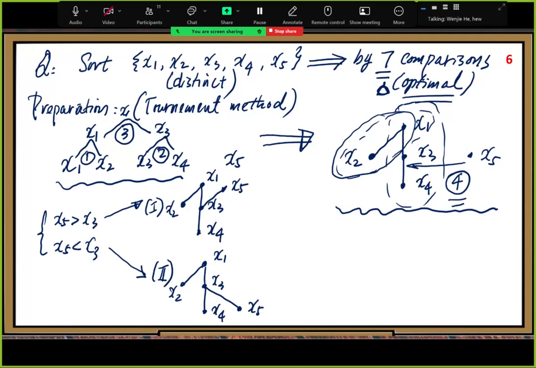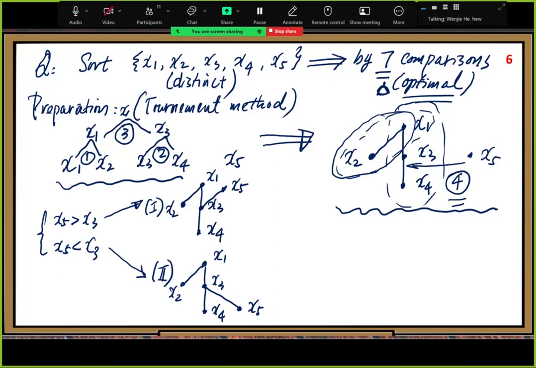Because if you do one comparison between X5 and X1, you will get 4 elements in order: X1, X5, X3, X4, just after one comparison.